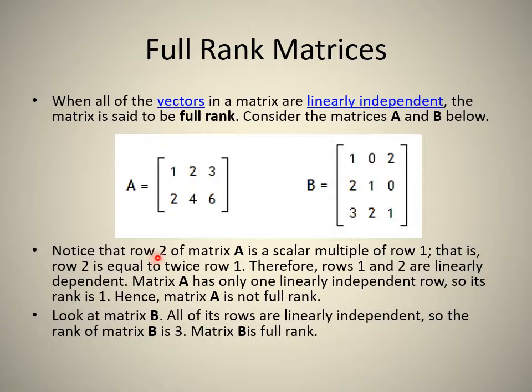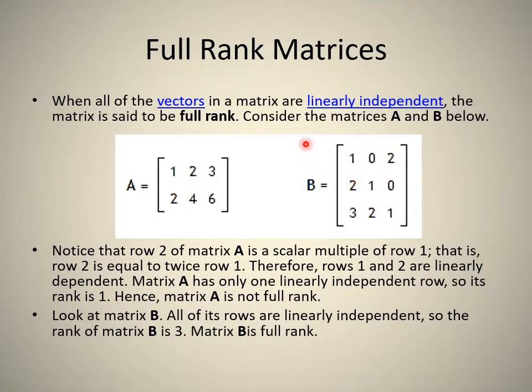Notice that row 2 of matrix A is a scalar multiple of row 1. 2 times 1 gives you 2, 2 times 2 gives you 4, and 3 times 2 gives you 6. So, therefore, row 1 and 2 are linearly dependent, and so matrix A has only one linearly independent row. So its rank is 1. So matrix A is not of full rank.